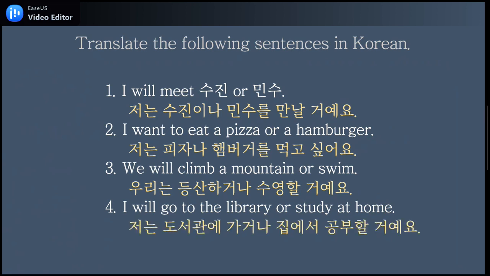How do we say? 저는 도서관에 가거나 집에서 공부할 거예요. We have to remember this 거나 has to be put after the first verb. Okay? 가거나, first verb. And 집에서 공부할 거예요. 자, 공부할 거예요, future tense. Will study.